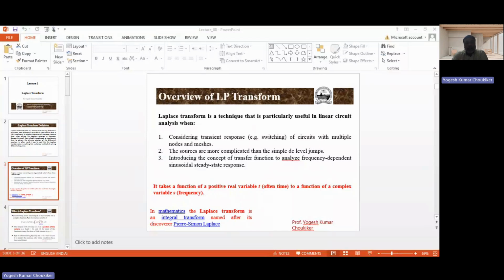Second: solve the circuit using nodal analysis, mesh analysis, source transform, superposition principle, or any circuit analysis technique with which we are familiar. The third and most important: after getting the complete solution, definitely we have to convert our solution into the time domain, because our solution is in the frequency domain. How to convert? We will simply take the Laplace inverse.